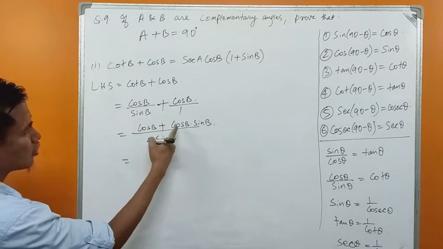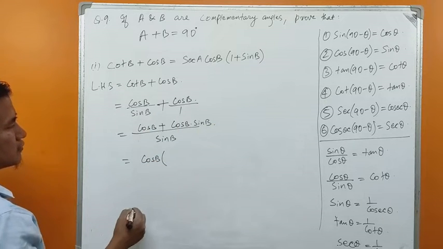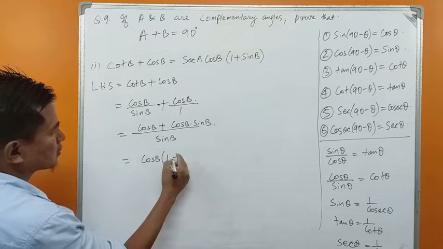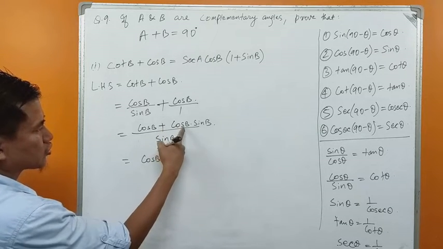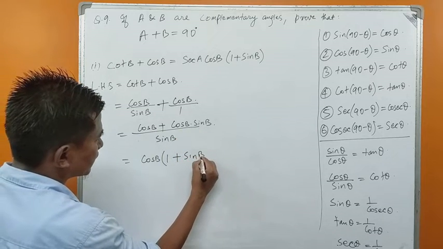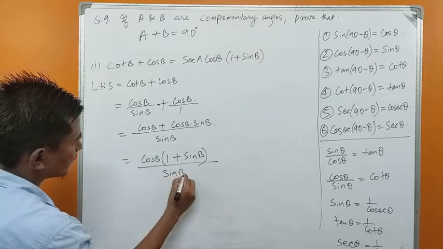So let us take this cos b common out. Cos b within the bracket, this cos b is taken out, so 1 remains within the bracket, plus sin b remains within the bracket. And in the denominator we have sin b, isn't it?